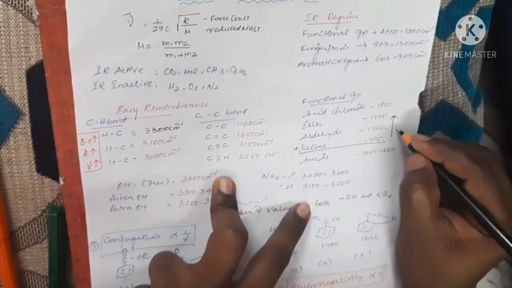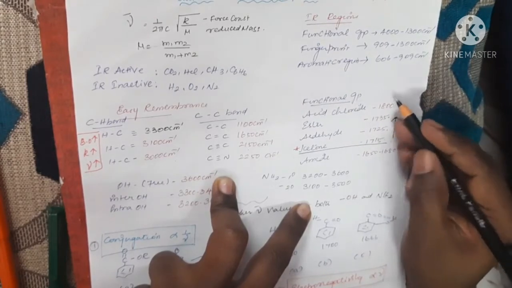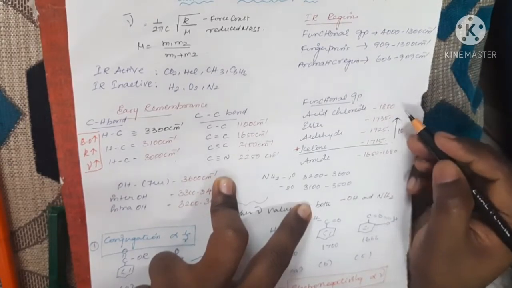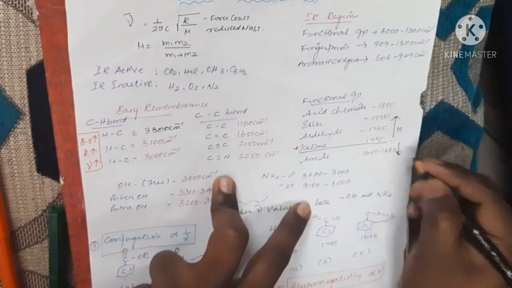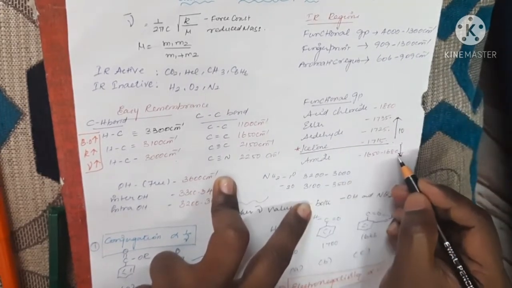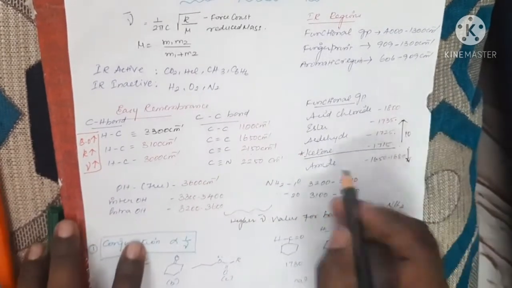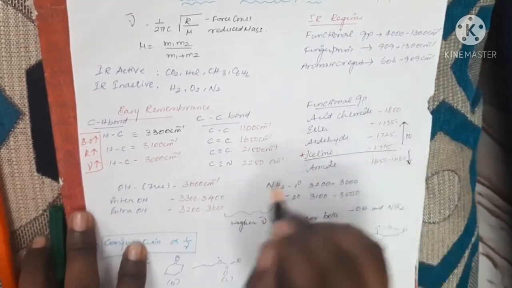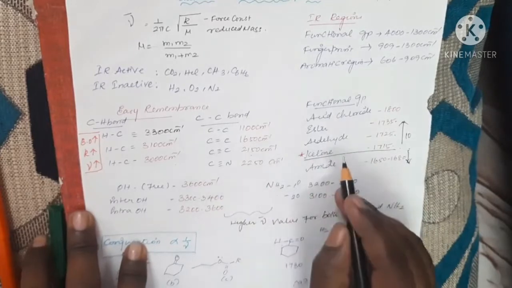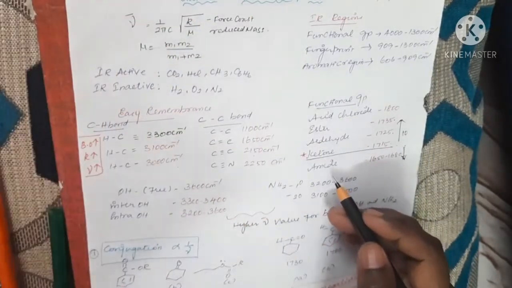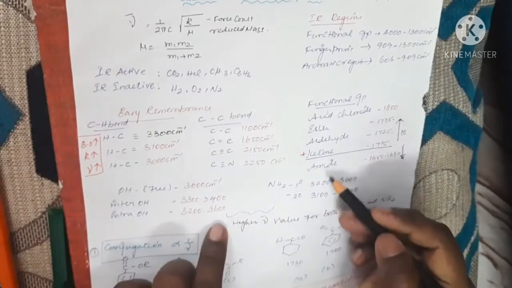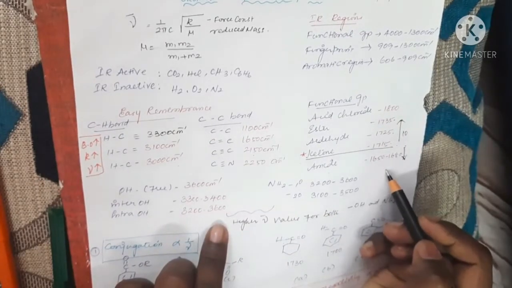So it increases by 10 each time, and then acid chloride is beyond that, 1800, and going down, amide is 1615 to 1680. That is why I selected ketone as the standard to remember. The functional group values beyond ketone are higher, and below ketone the values are lesser.